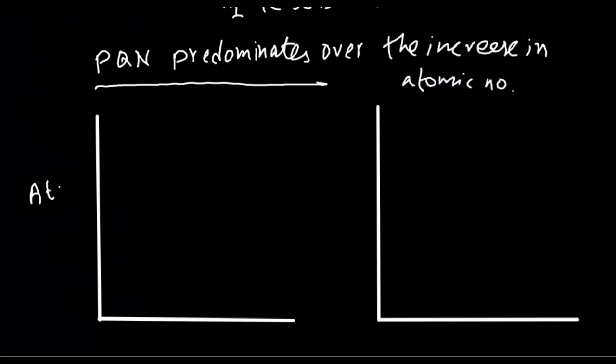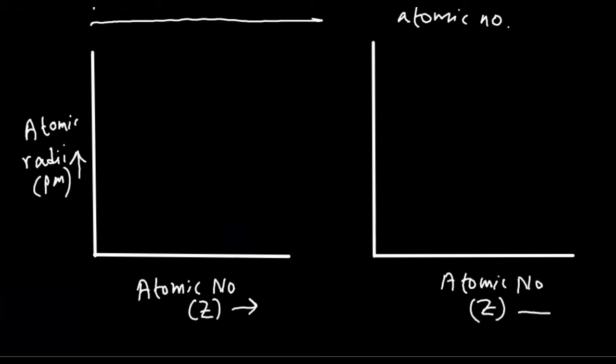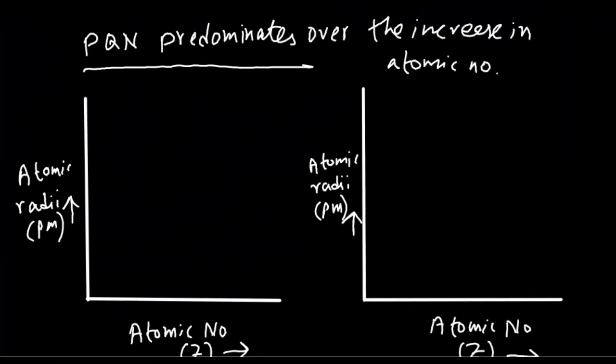Suppose this is your atomic radii, in picometers, and this is your atomic number Z. First I will discuss across the period, and this is down the group.